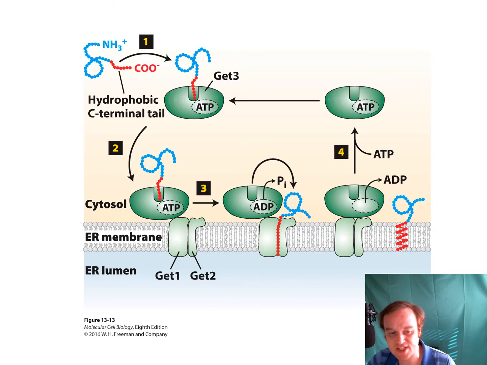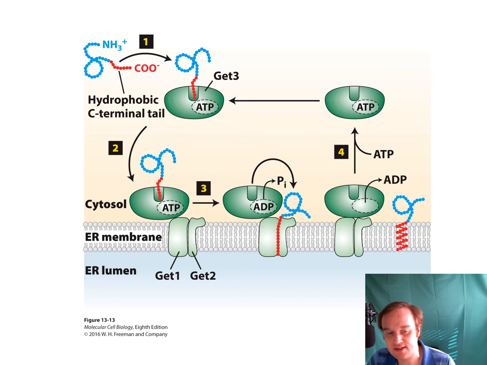So moving on to tail-anchored proteins. These proteins have a transmembrane domain, but they really don't have anything on the lumen side. So they're anchored into the membrane, but their N-terminus is just floating out, and the C-terminus really isn't in the lumen. And so how does this work?